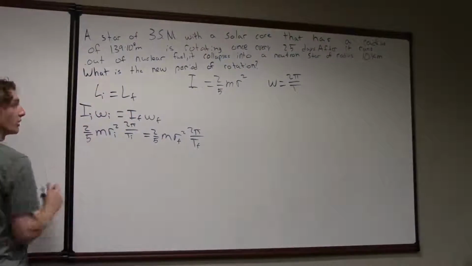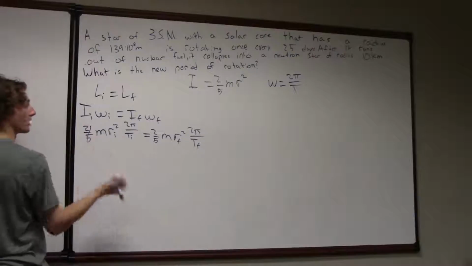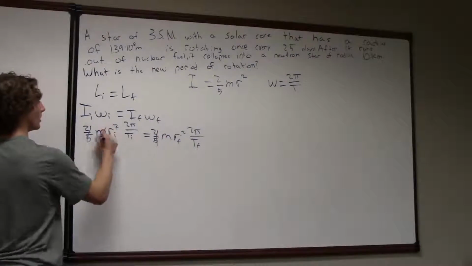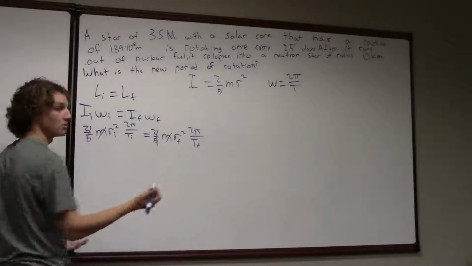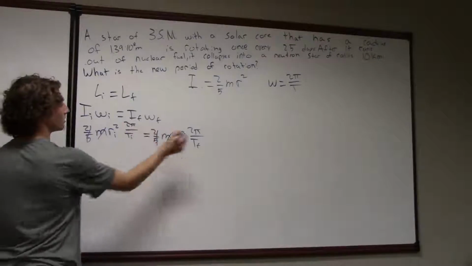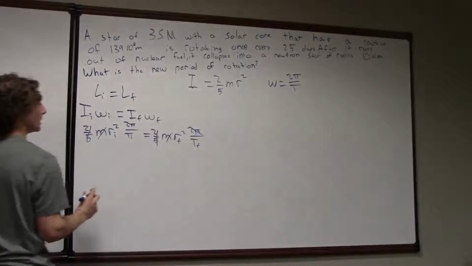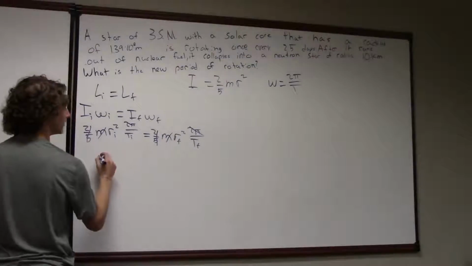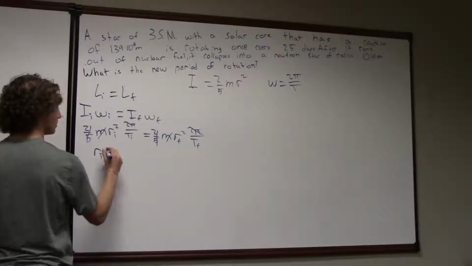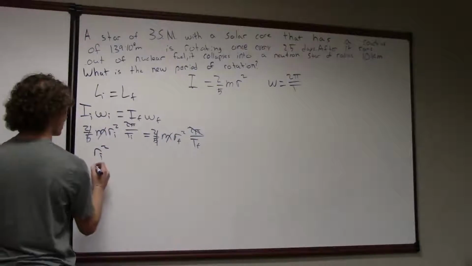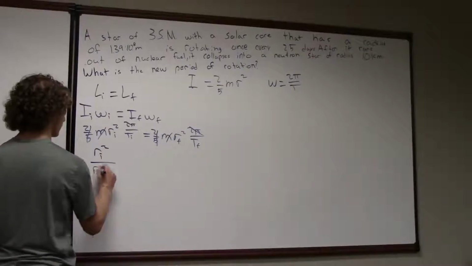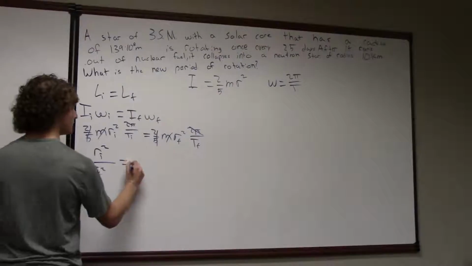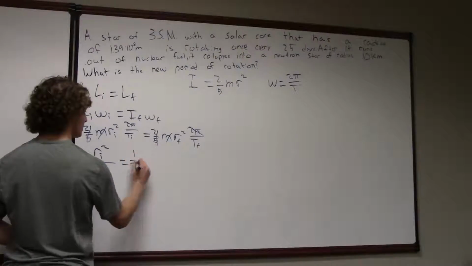Okay, so from here a couple things are going to cancel. First, the coefficients of 2/5. Masses are going to cancel because it's being held constant, and also the 2 pi. So from here we're just going to solve for Tf. So we just have Ri squared over Rf squared is equal to 1 over Tf.